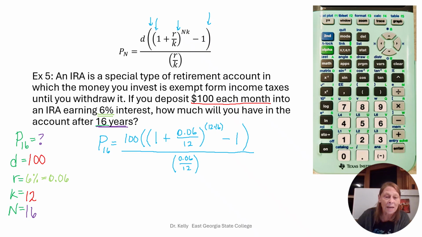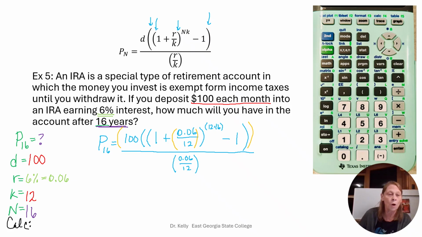Let's write in the extra parentheses that you're going to need. You're going to need one set of parentheses around the entire numerator, because we're doing a lot of things up there. And then 0.06 divided by 12 is a fraction that needs to have its own set of parentheses, but that's all the parentheses we need. Let's get those calc steps.